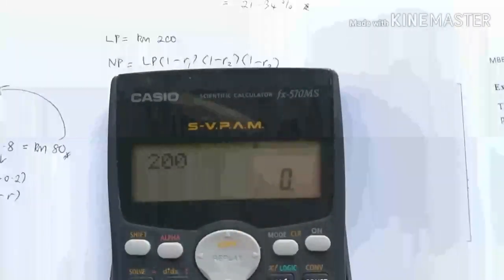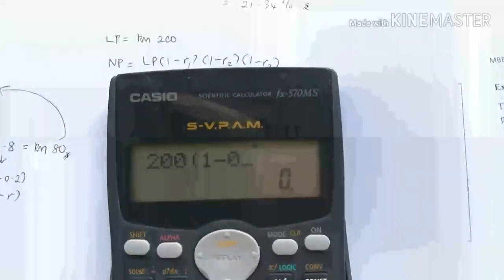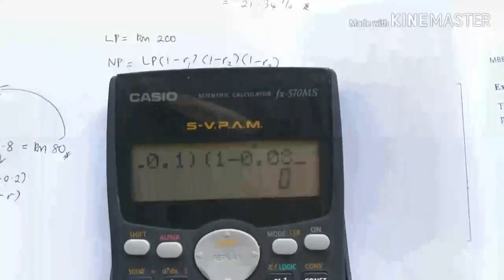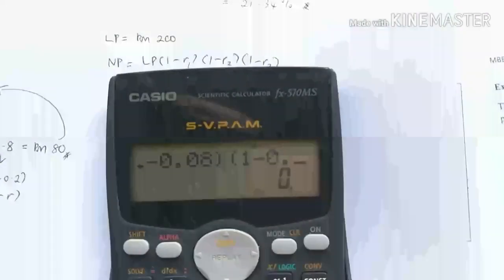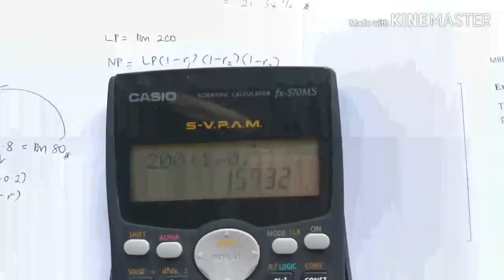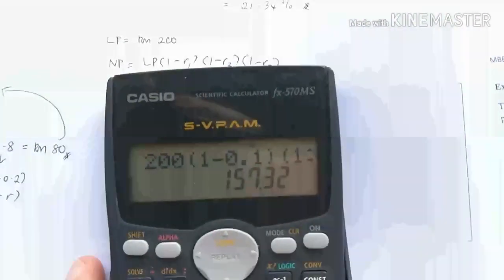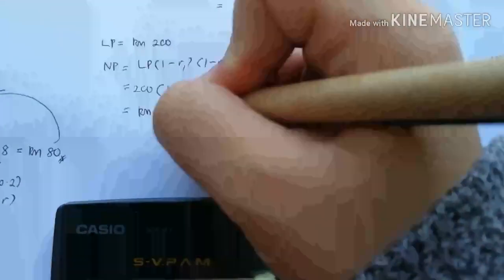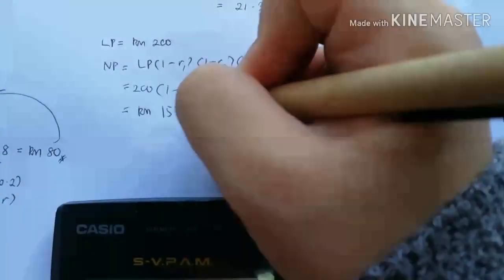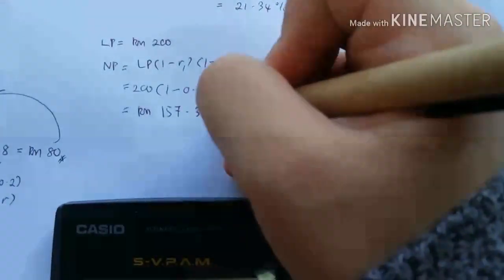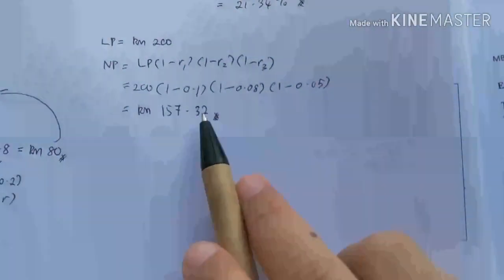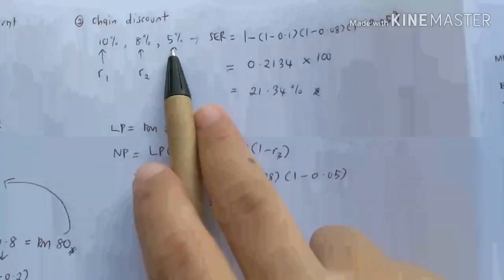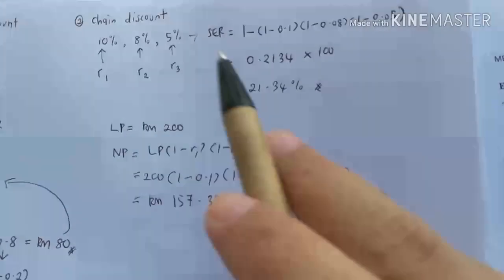So 200 times 1 minus 0.1 times 1 minus 0.08 times 1 minus 0.05. So the price after the discount is RM 157 and 32 cents. So this is the price of the item after the 10%, 8%, and 5% chain discount.